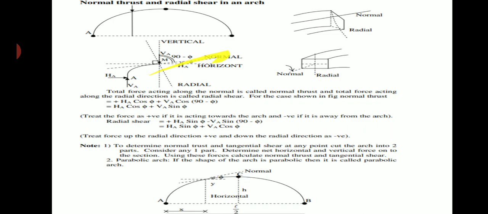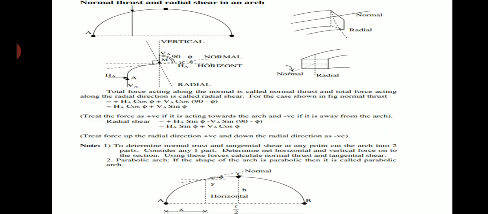Along this dotted line is the normal thrust, and perpendicular to this line is the radial shear. As I said, phi is the angle at which the resultant is acting along the x-axis.